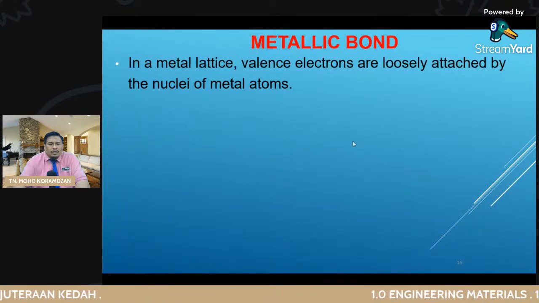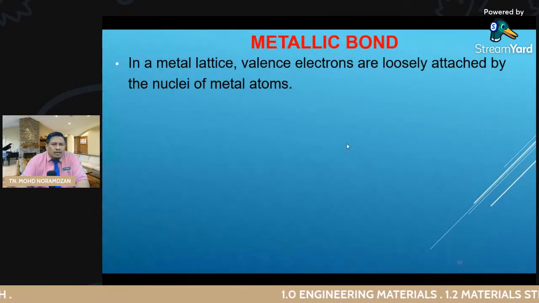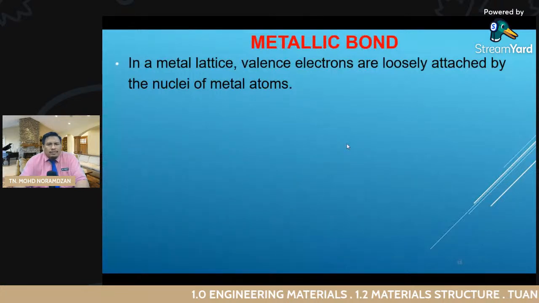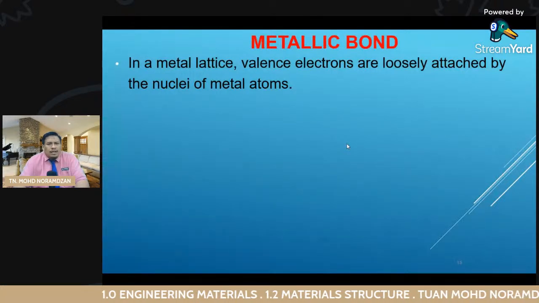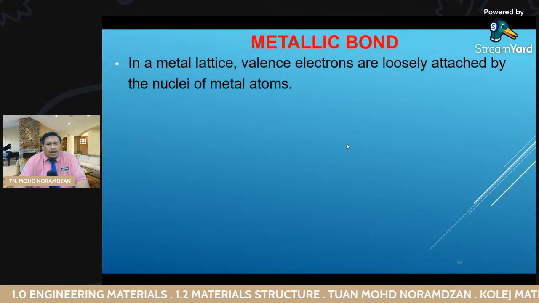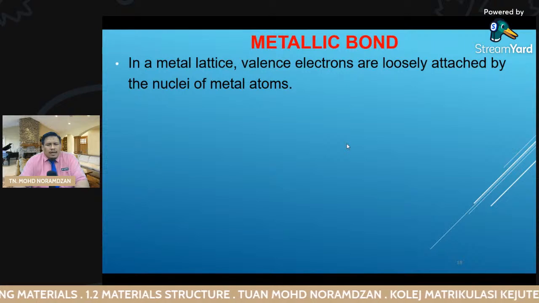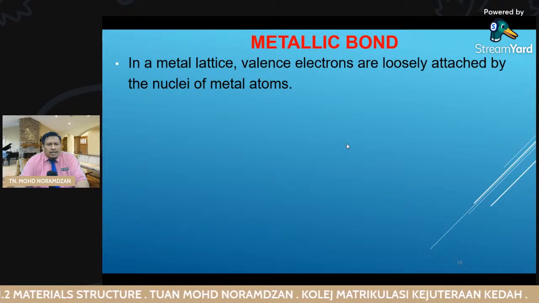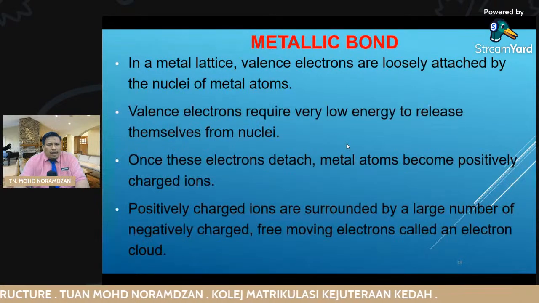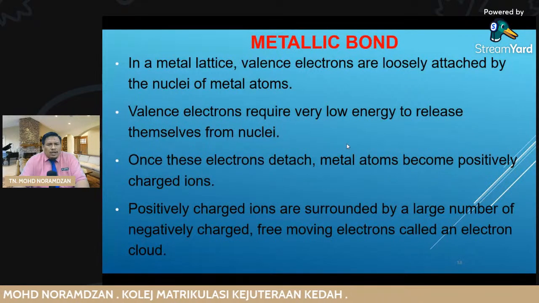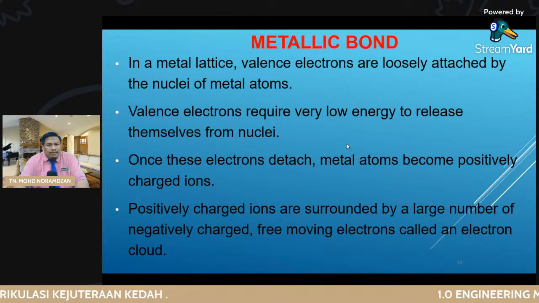Metallic. There is another type of bond, the metallic bond. In a metal lattice, valence electrons are loosely attached to the nuclei of metal atoms. Valence electrons require very low energy to release themselves from the nuclei.